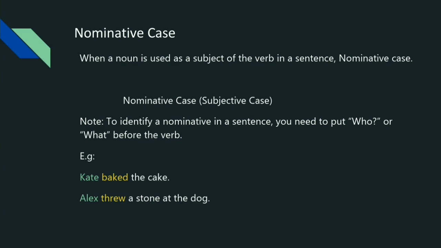The same is the case with the second example, which is Alex threw a stone at the dog. Now in this example, the verb is threw and the subject is Alex, and it is a noun, so it is a nominative case of the noun. I hope the nominative case is clear to you all.